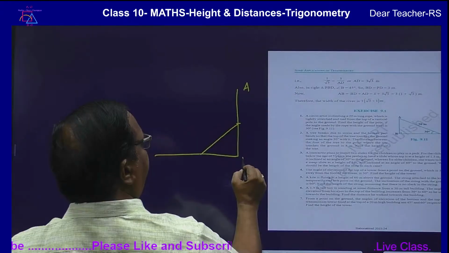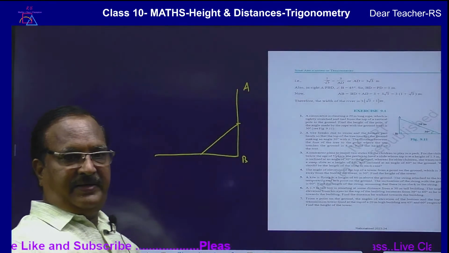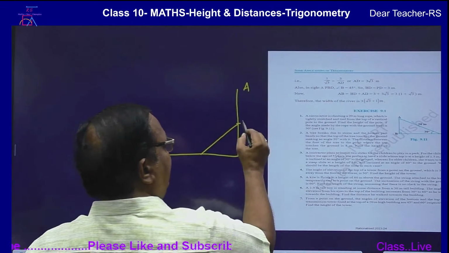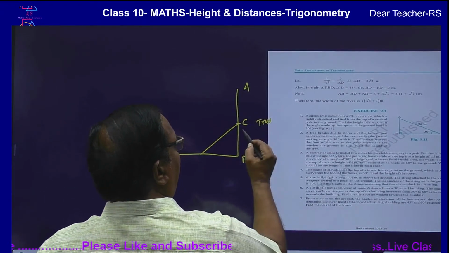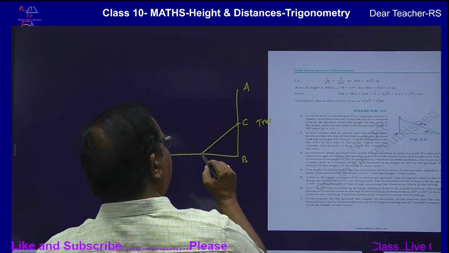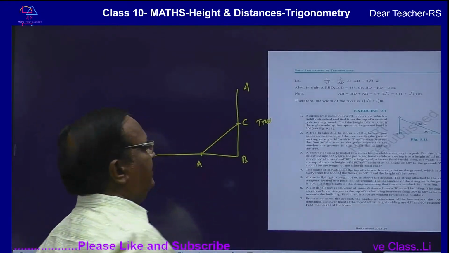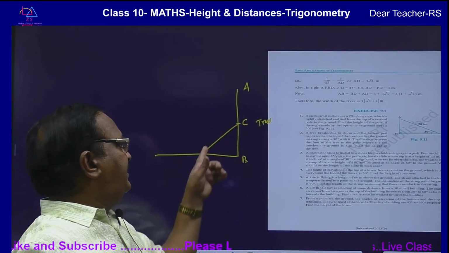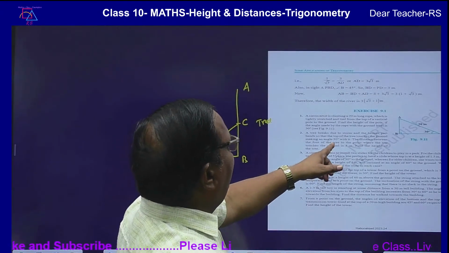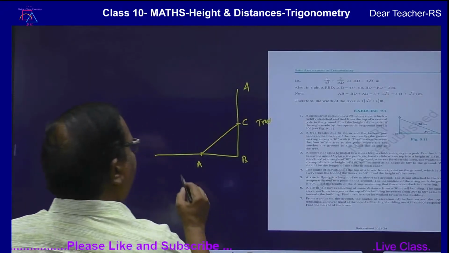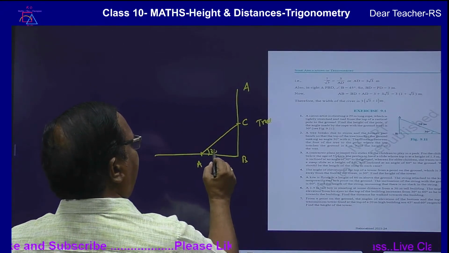So AB is the tree, and it is broken at C. Okay, and this A touches here, the top of the tree touches the ground, and by making an angle of 30 degrees with the ground.